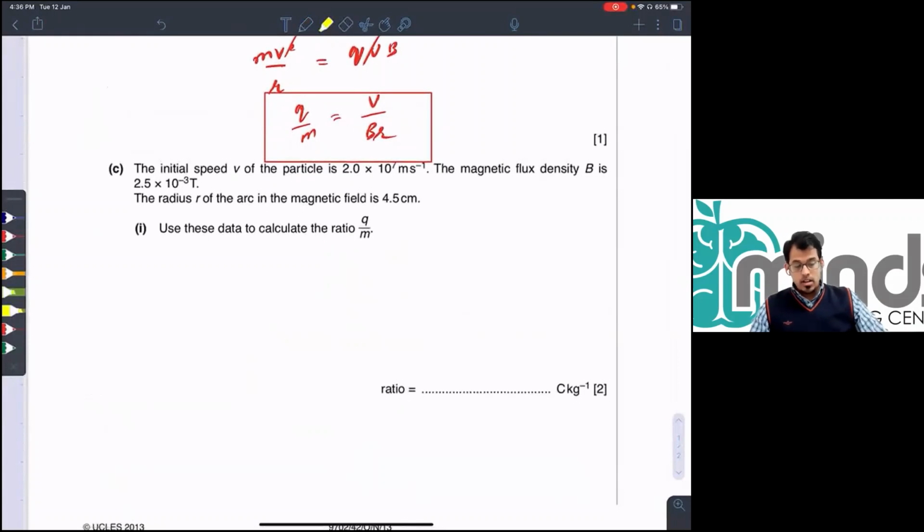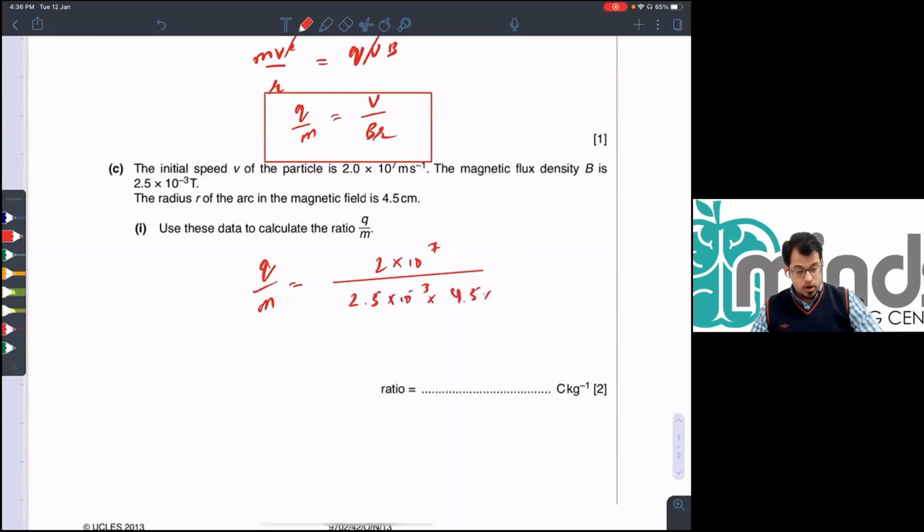Okay, next. The initial speed v of the particle is 2 × 10^7 meters per second. The magnetic flux density B is 2.5 × 10^-3 tesla. The radius of the arc in the magnetic field is 4.5 × 10^-2 meters. Use these data to calculate q by m. So you just substitute the values: v is 2 × 10^7, divided by B, which is 2.5 × 10^-3, and r, which is 4.5 × 10^-2, because we need SI units.